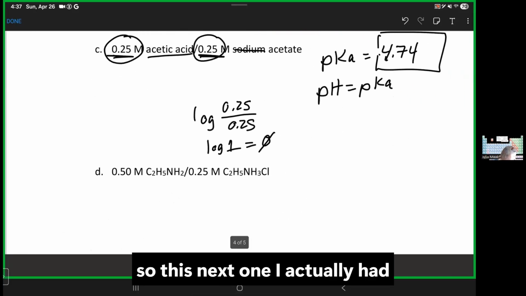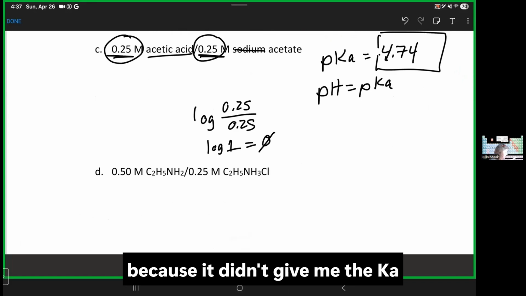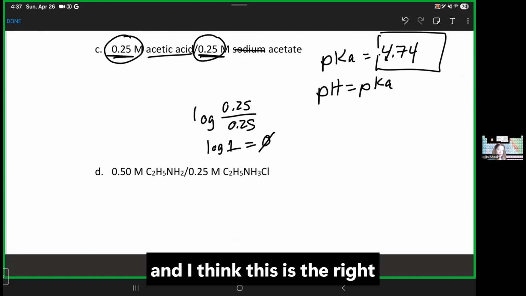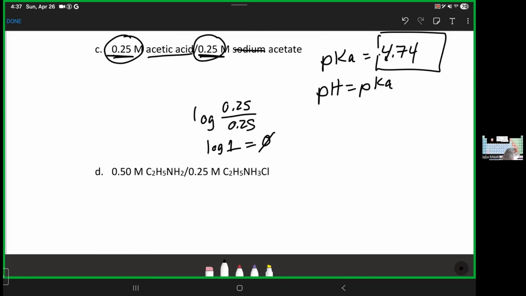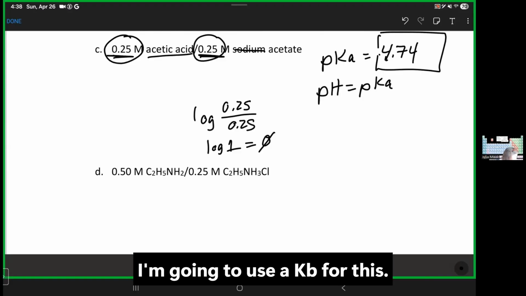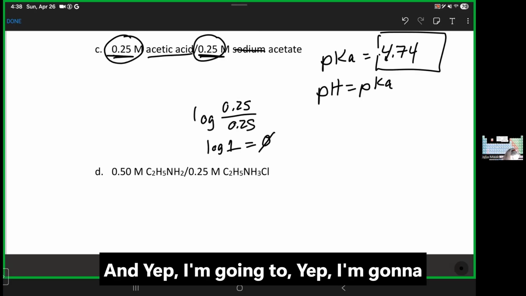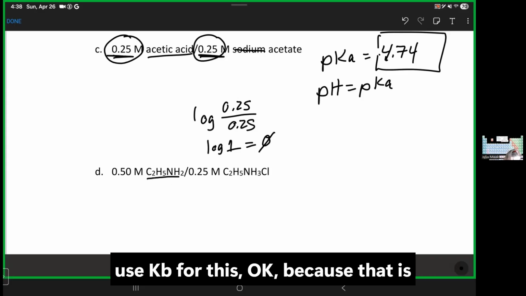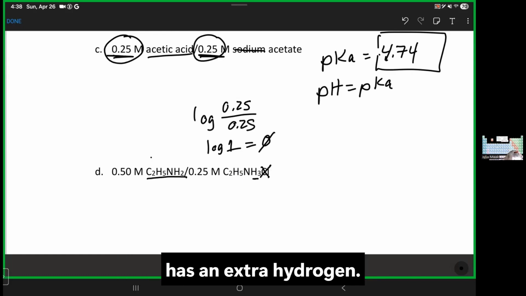Okay, so this next one, I actually had to look up the Ka for this because it didn't give me the Ka, and I think this is the correct Ka, so it's the one that I'm using. Or actually, I'm going to use a Kb for this. Okay, because that is a base, and you see how this one has an extra hydrogen.